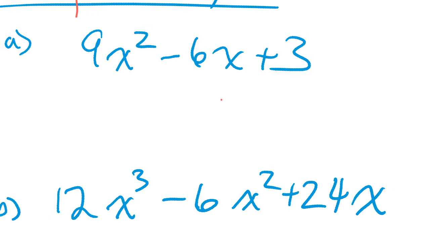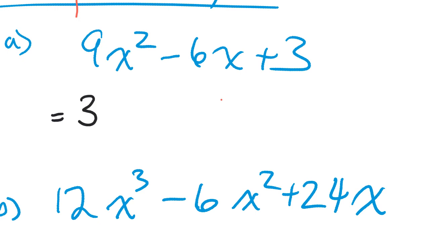All right, so now if I have 9x squared, we have to find the GCF of 9x squared, 6x, and 3. So I'm going to look at the coefficients, the 9, the 6, and the 3 first of all, and I'm going to divide those out. So I find out that 9x squared minus 6x plus 3 has a coefficient of 3 that I can pull out.